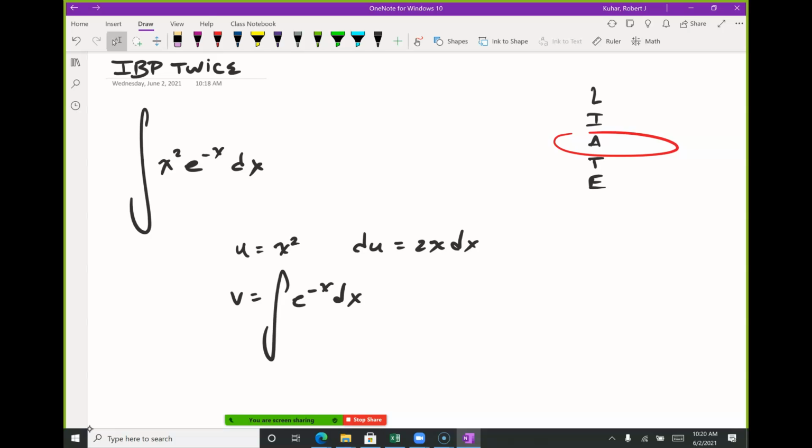I'm confused why v is the integral. So if you kind of remember, I said pick u from the LIATE, right? Then find du. That's the easy part, right? And then everything else is dv. So everything else, this includes the integral.